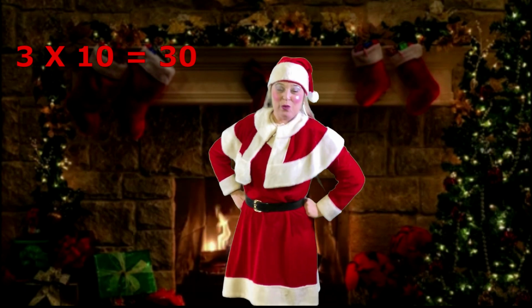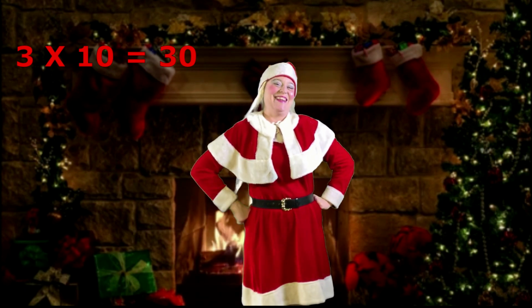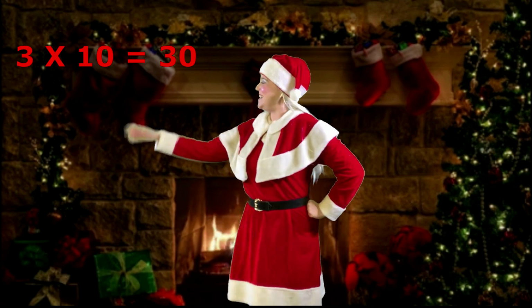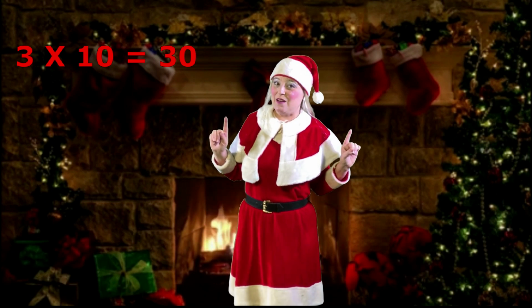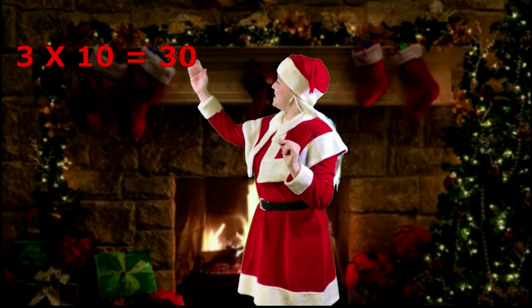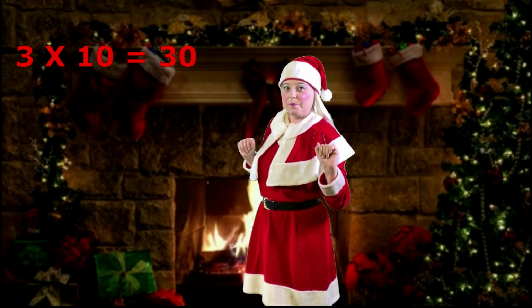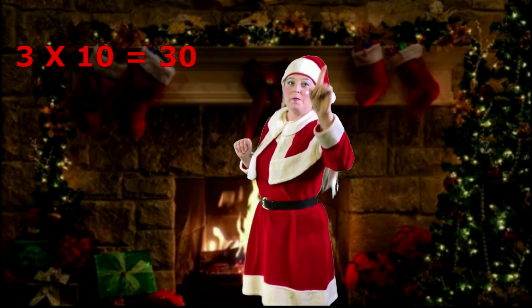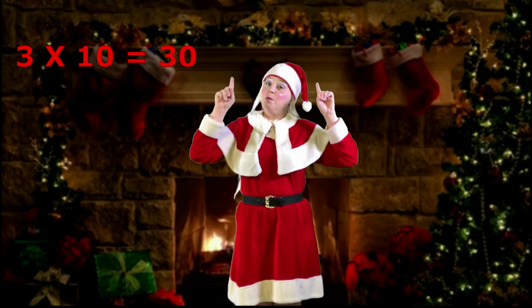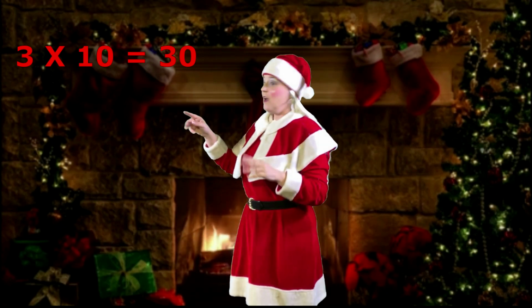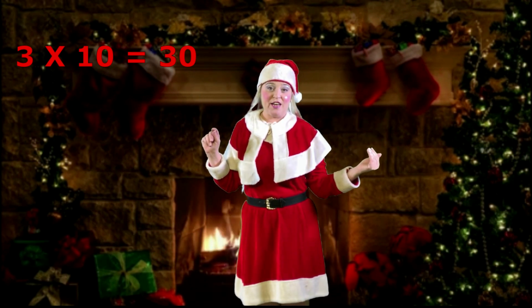How did you know that it is a multiplication fact? That's right, that's easy, because there is a multiplication sign in the middle. And what does this multiplication fact mean? Very good. 3 times 10 means 3 groups of 10 is 30.